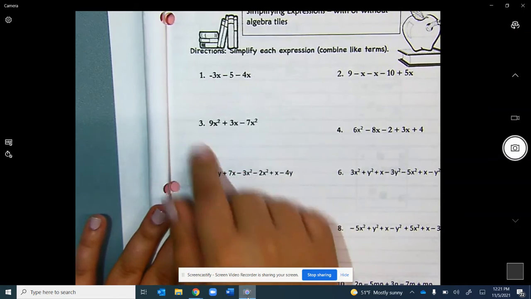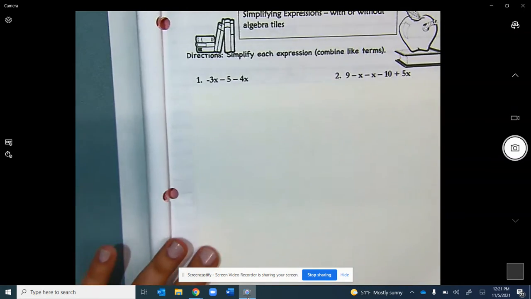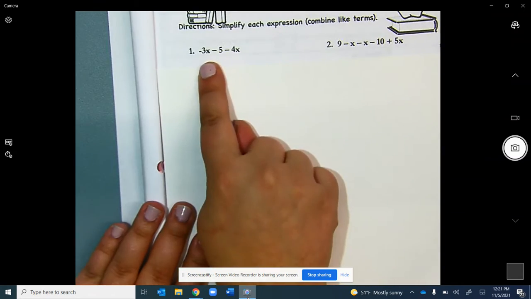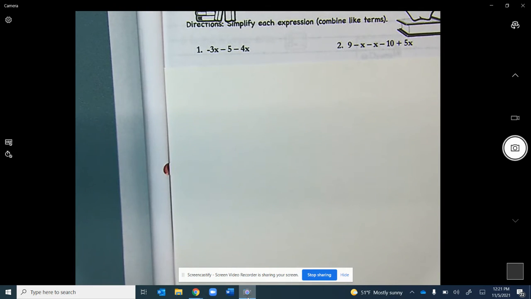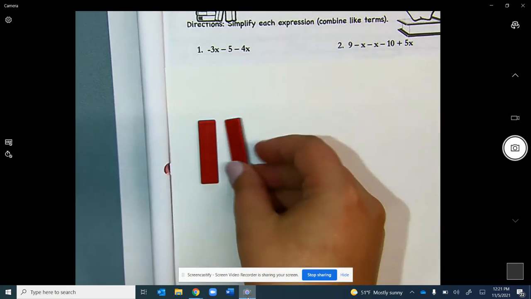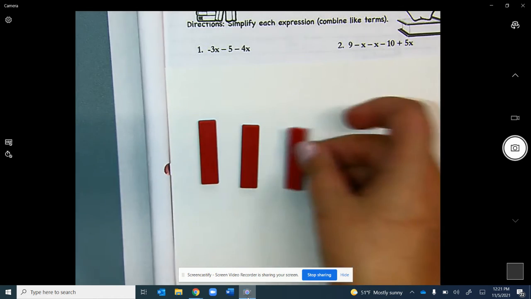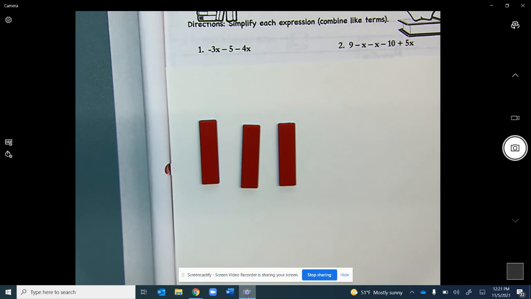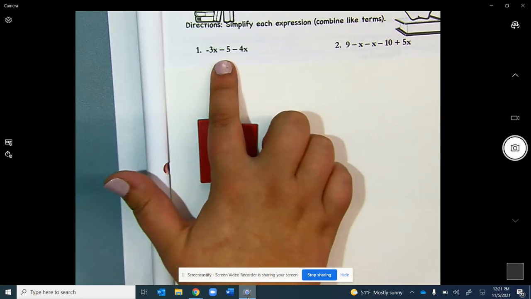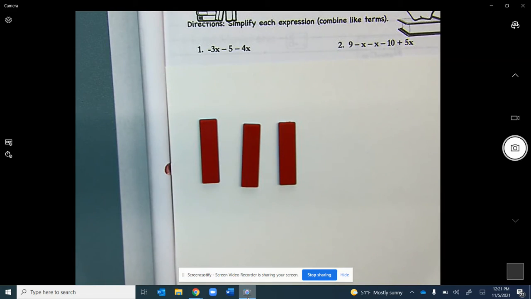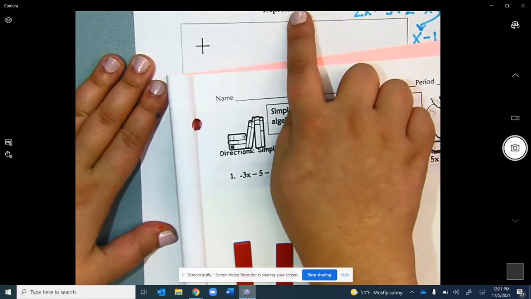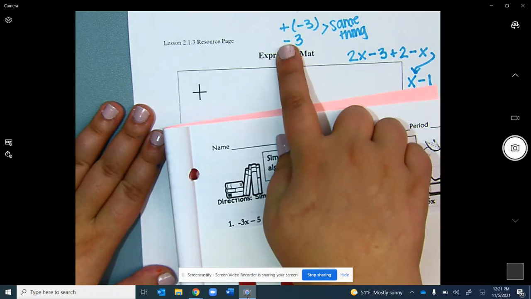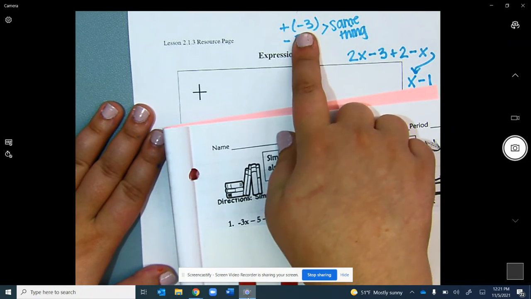So thinking about this with the tiles, I'm going to start with -3x. So here is 1, 2, 3, -3x. Those are red, which means that they're negative, minus 5. Now remember what I said when we were talking about our tiles: -3 is the same thing as adding 3 negatives, okay?